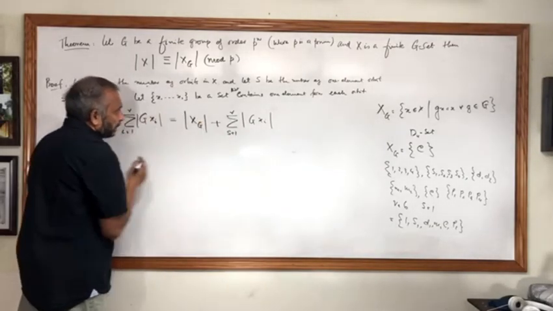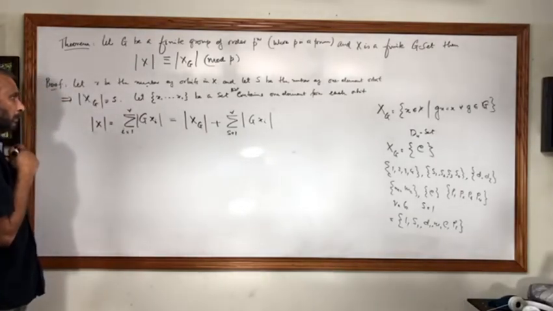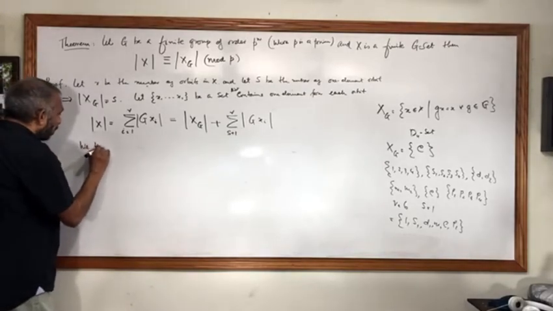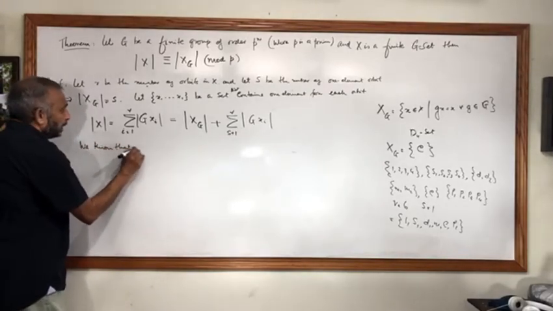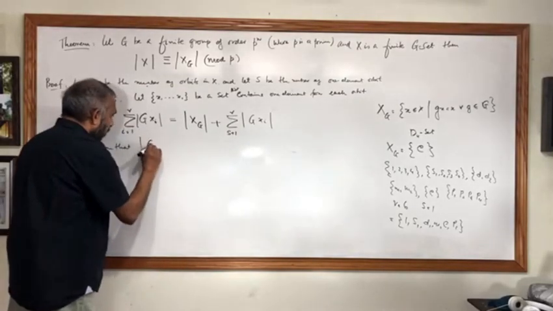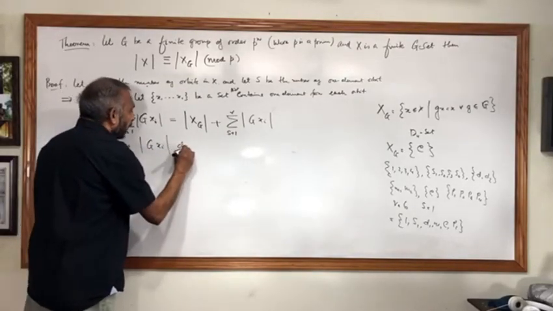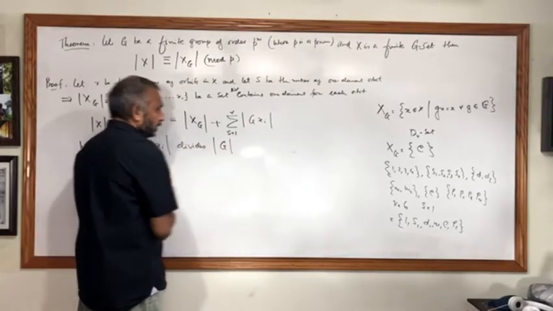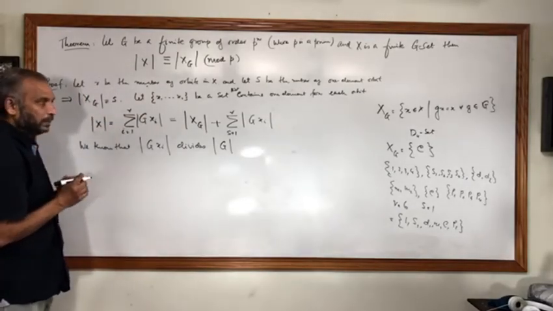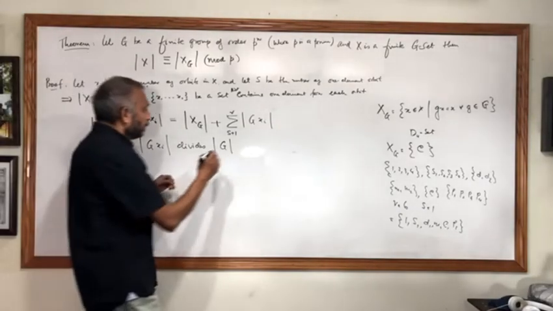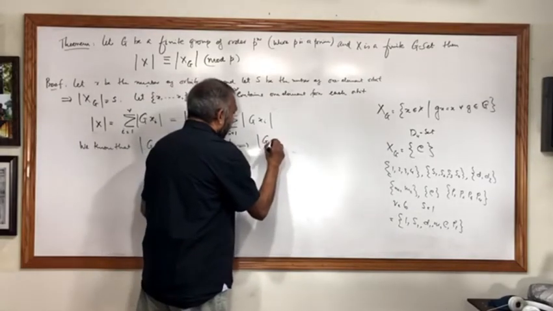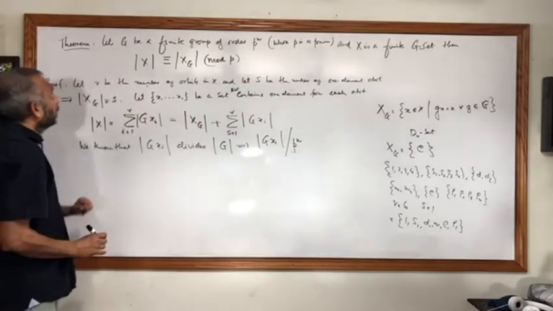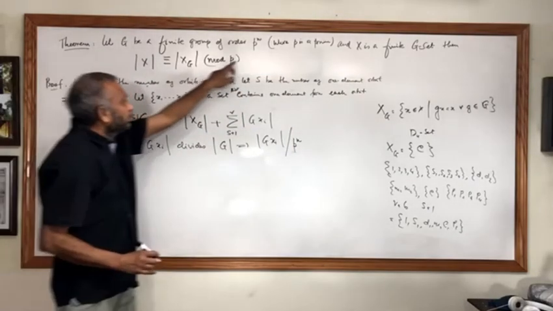From the previous results on group actions, we know that each of the |Gxi| divides the order of G, because G is finite and X is finite, and that implies |Gxi| divides p to the power of n, because the order of G is p to the power of n.